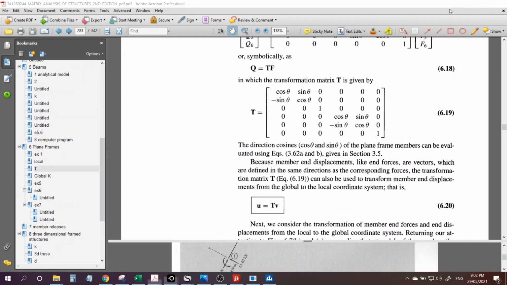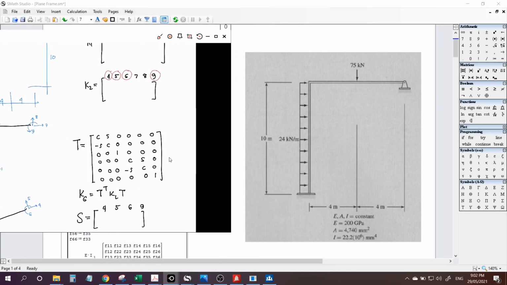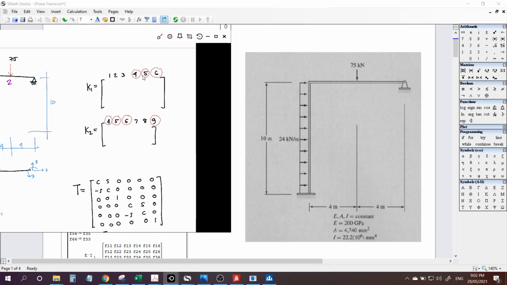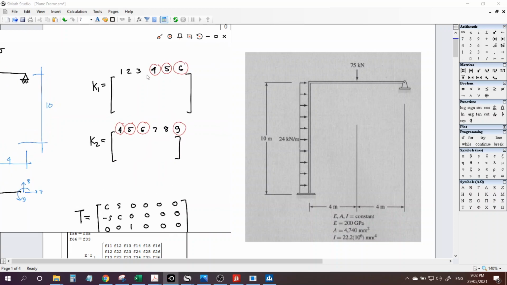Next, looking at the code, I'll encircle the numbers that will be extracted. For K1 we will need 4, 5, 6. For K2 we will need 4, 5, 6, and 9 here.